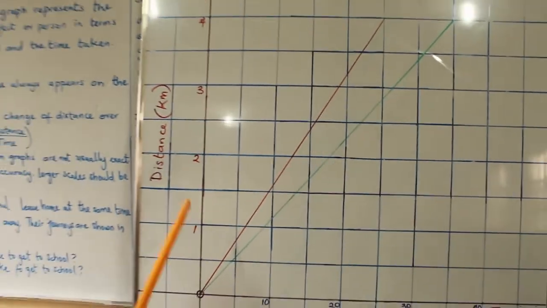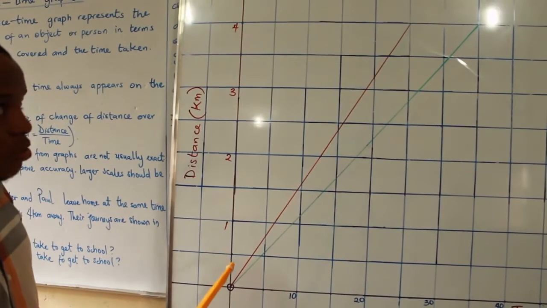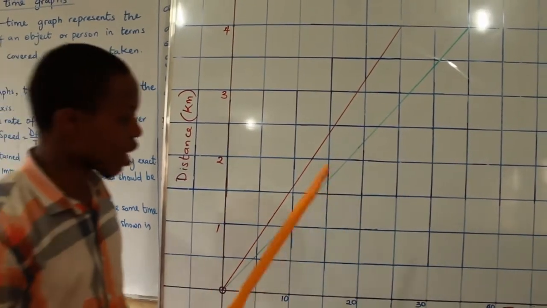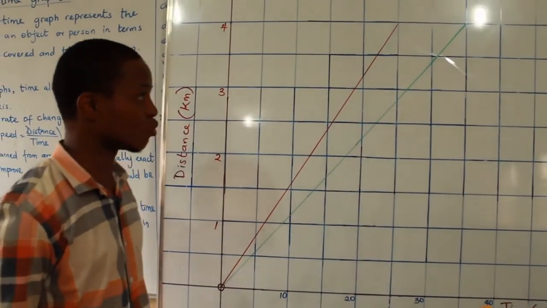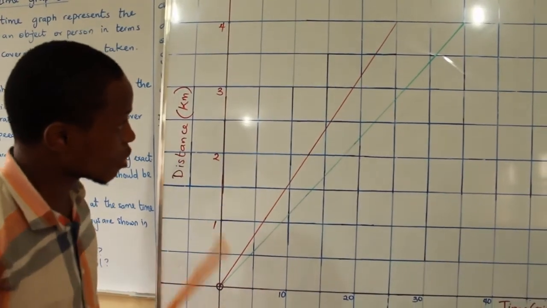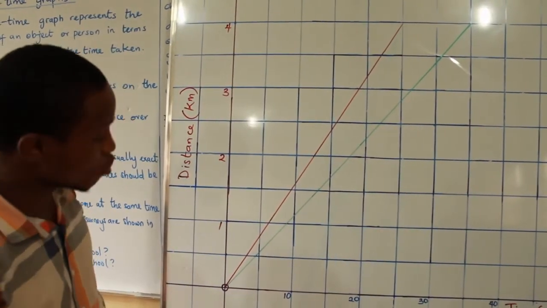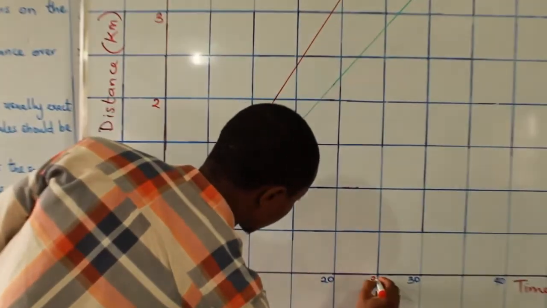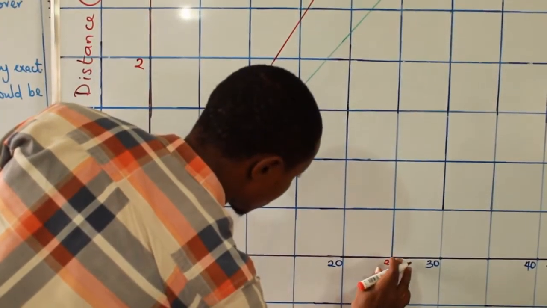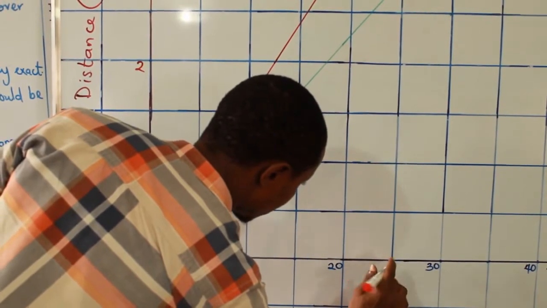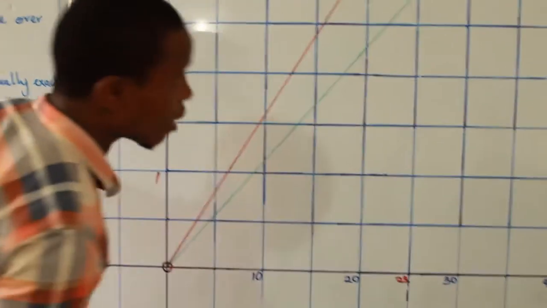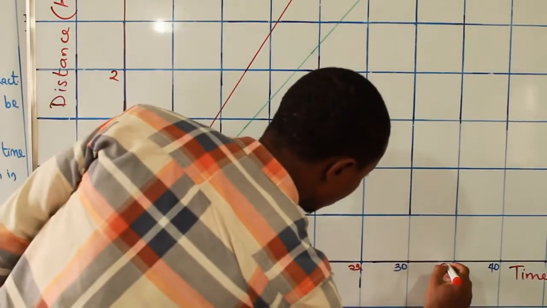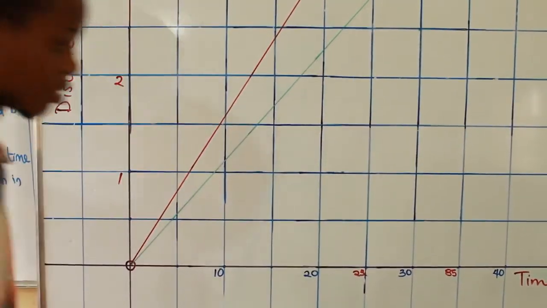The question is, how long did it take Peter to get to school? From what we have found out in our graph, it took Peter 25 minutes to get to school, and it took Paul 35 minutes.